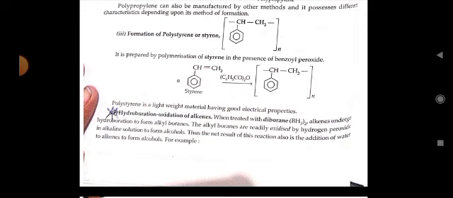Hydroboration oxidation of alkenes. When treated with diborane, alkenes undergo hydroboration to form alkyl boranes. The alkyl boranes are readily oxidized by hydrogen peroxide in alkaline solution to form alcohols. Thus, the net result of these reactions also is the addition of water to alkenes to form alcohols.